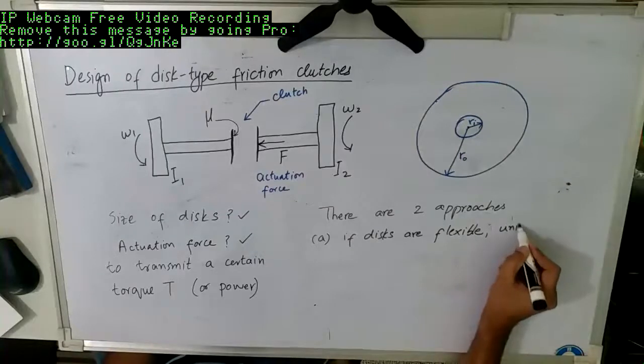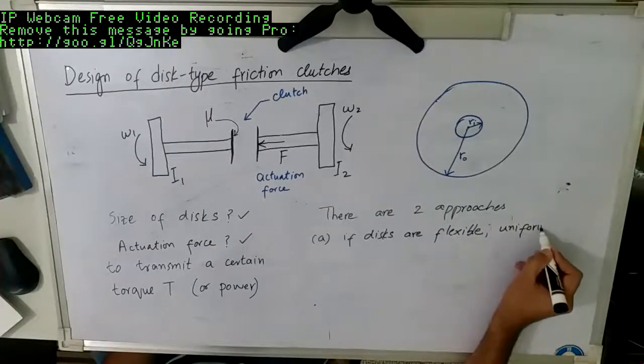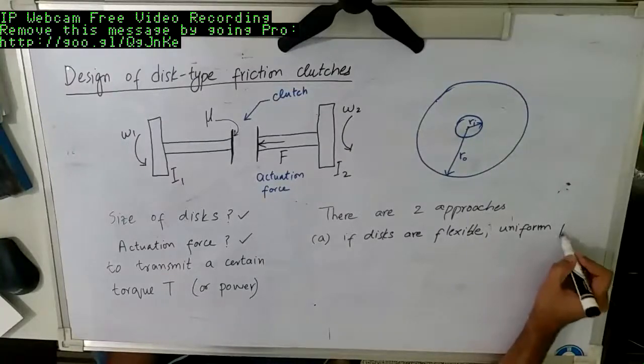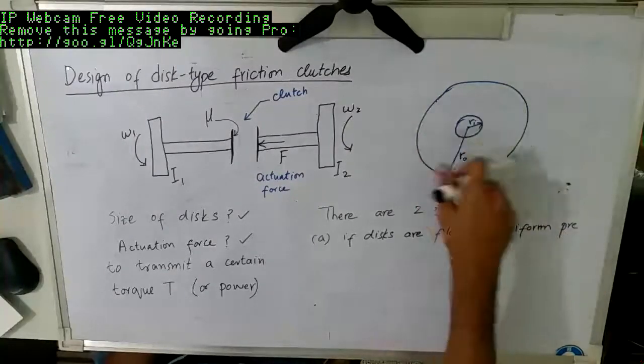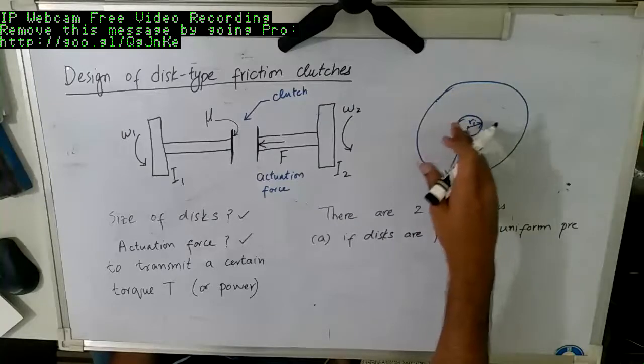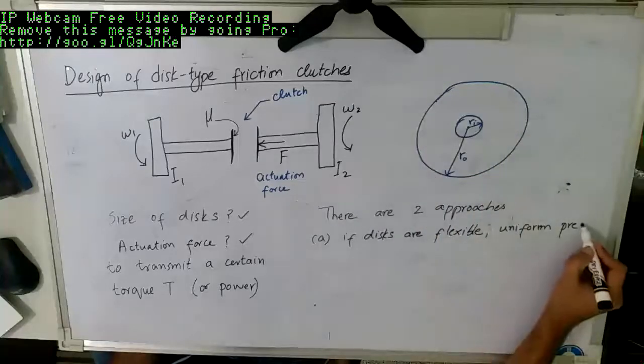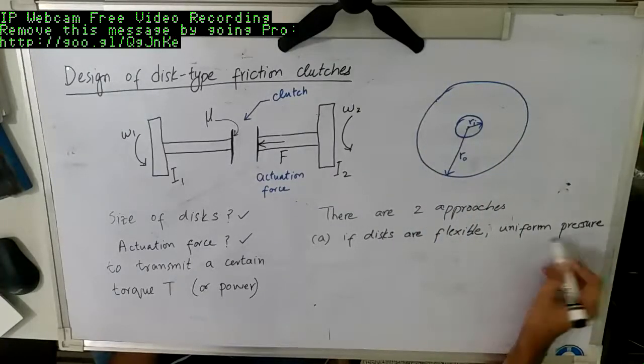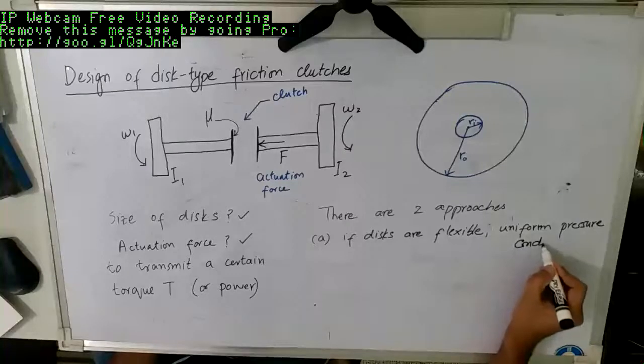In this case, we assume that the pressure distribution across the surface of the clutch or the disc is uniform. So this is the uniform pressure condition.